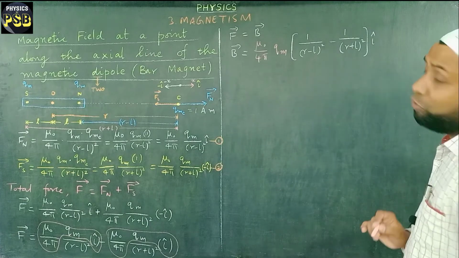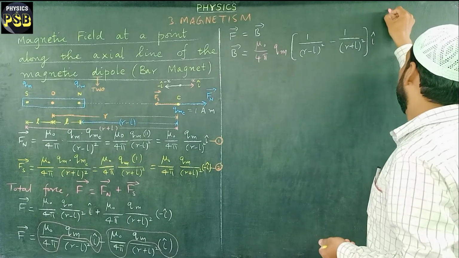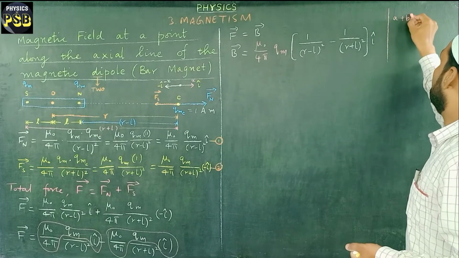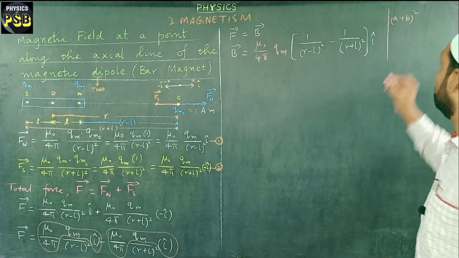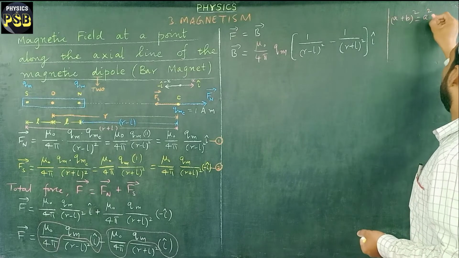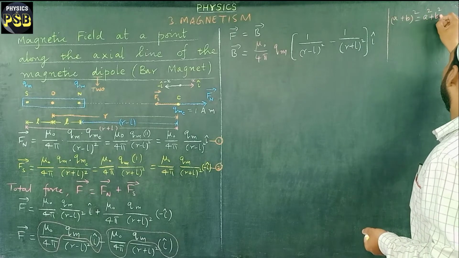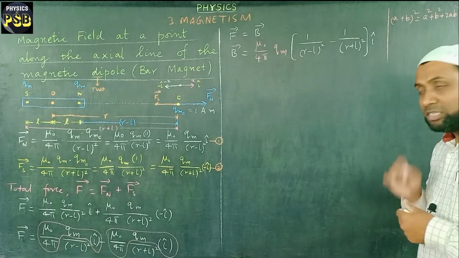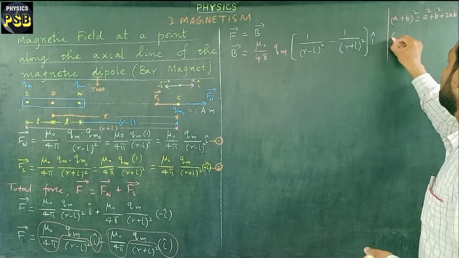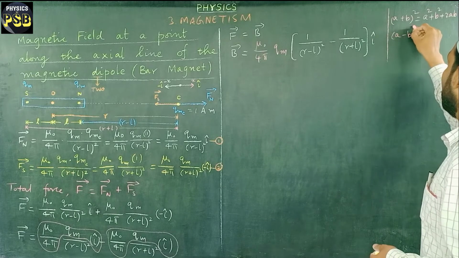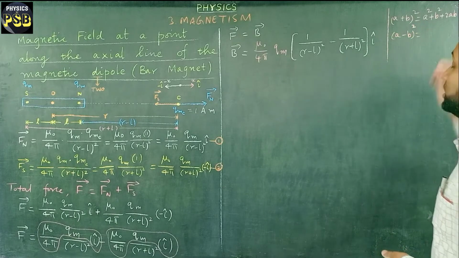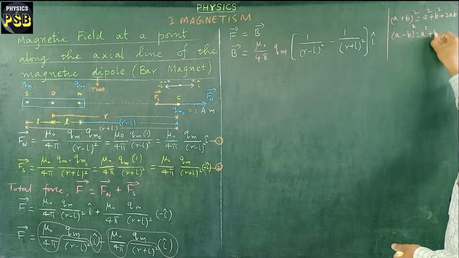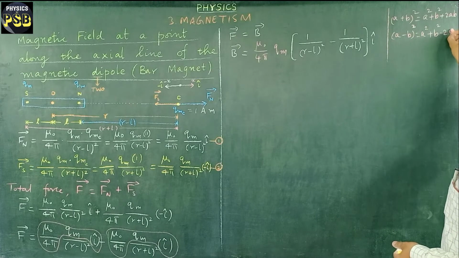Then we know that a plus b whole square is equal to a square plus b square plus 2ab. Similarly, a minus b whole square is equal to a square plus b square minus 2ab.